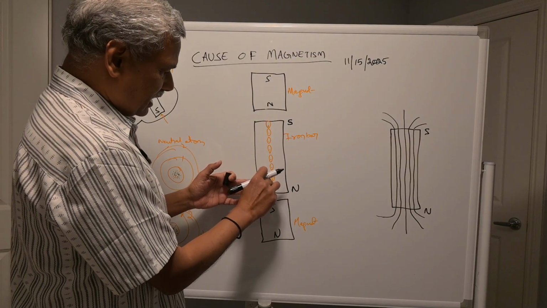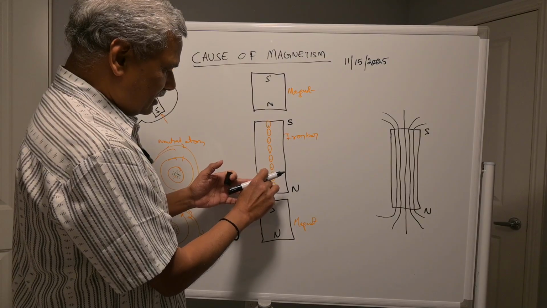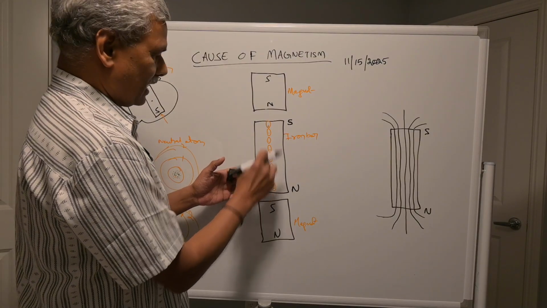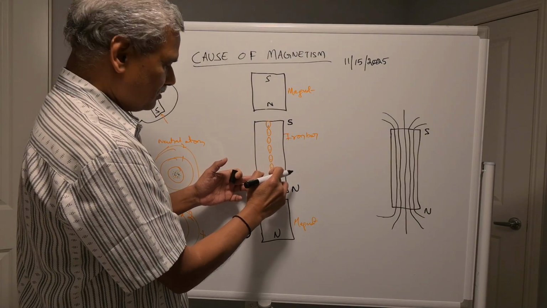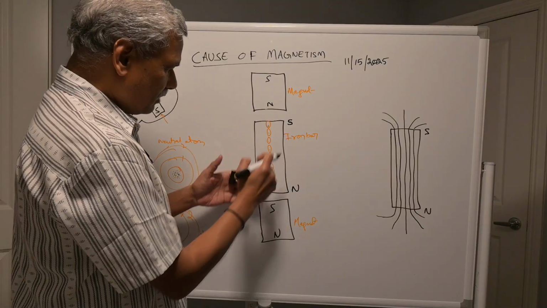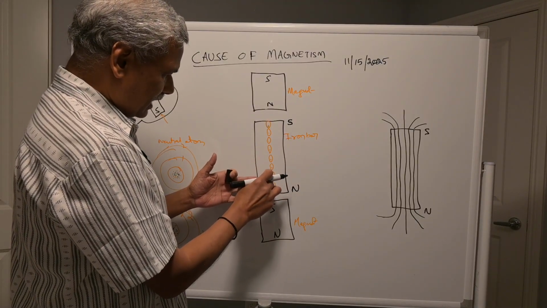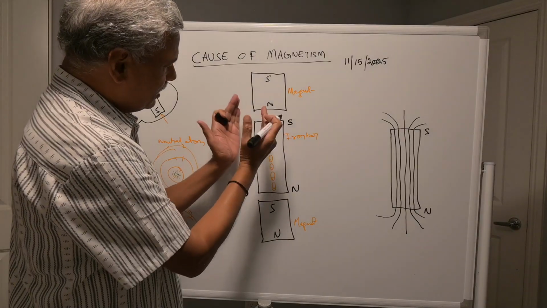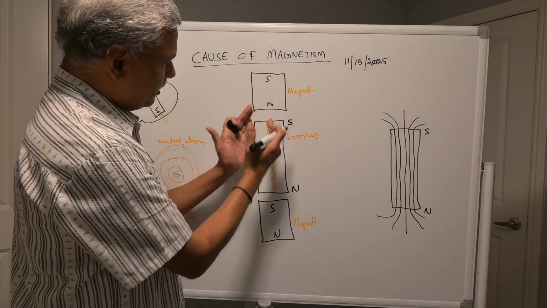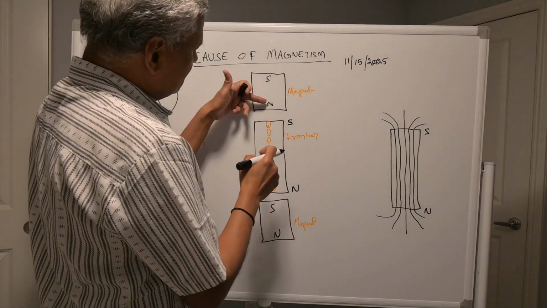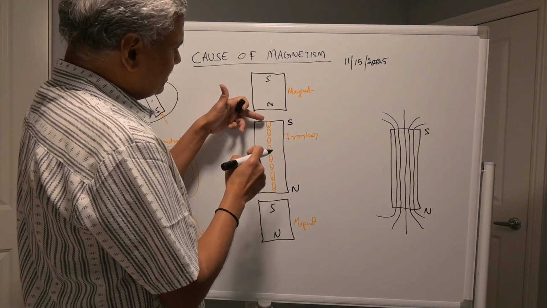Because there is a negative charge here, it deflects the electrons on the adjoining atom, and that also deforms into the elliptical shape, and then they get attracted. Like this, everything will become elliptical, and because this is the north pole, that attracts the electrons.